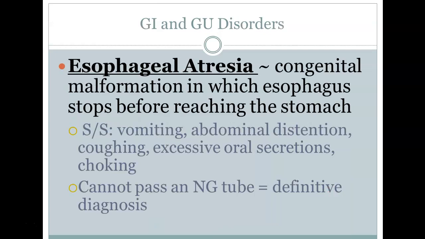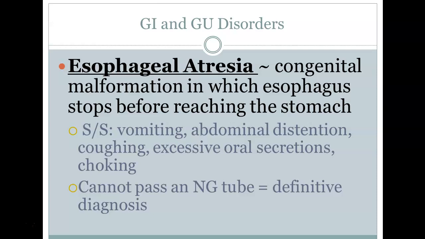They can also have a condition called esophageal atresia. This is a congenital malformation in which the esophagus stops before reaching the stomach. The signs and symptoms can be vomiting, abdominal distension, coughing, excessive oral secretions, and choking. You can confirm this diagnosis if you cannot pass an NG tube through.